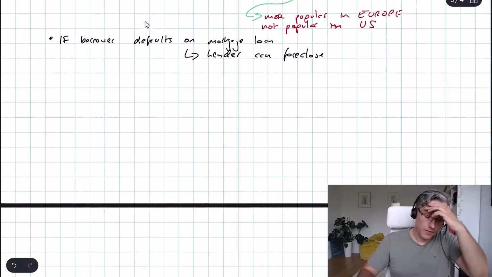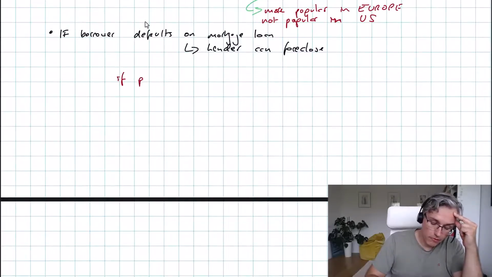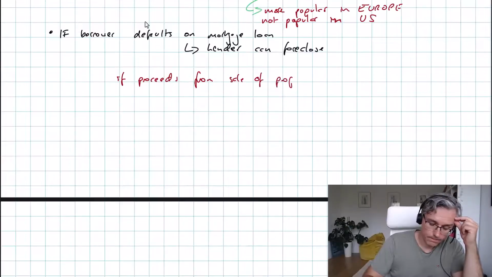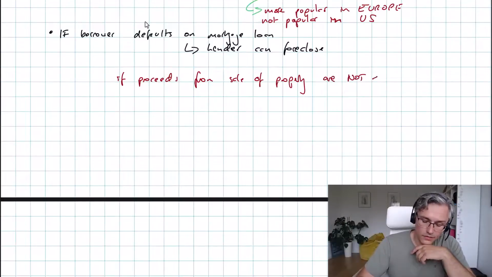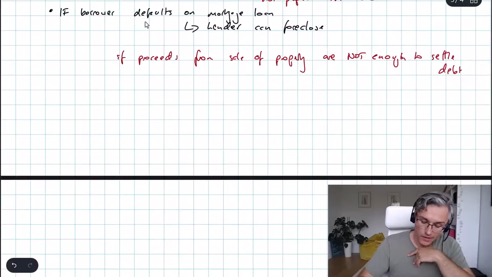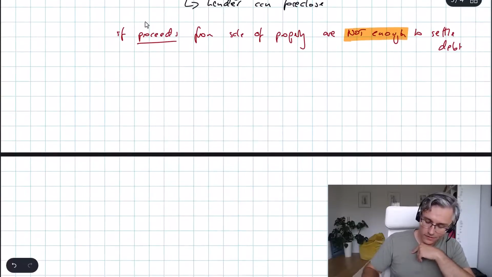And what happens if the proceeds from the sale of the property are not enough to settle the debt? You sell the property, but the proceeds are insufficient to settle the debt.